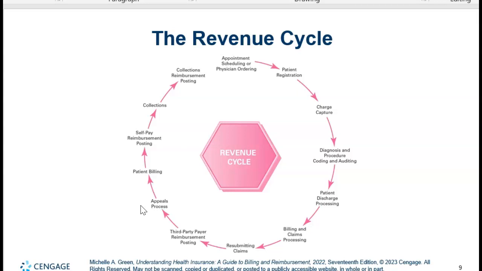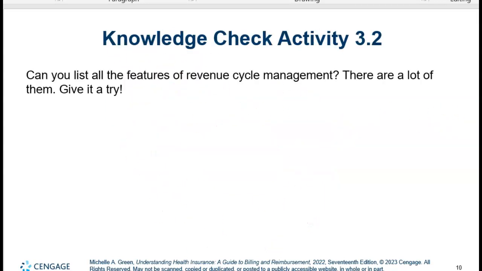So if there's something wrong with the claim itself, it's going to come back to probably billing and claims processing. Okay, then it goes to patient billing, self-pay reimbursement, and if the patient doesn't pay, then it will go to collections. And then at that point, once they receive their money, the whole revenue cycle has been completed.